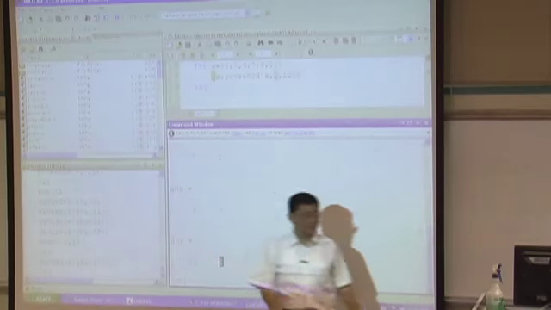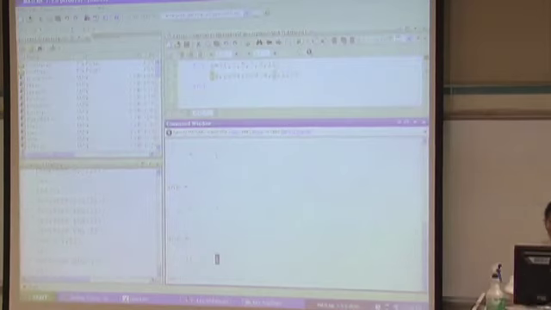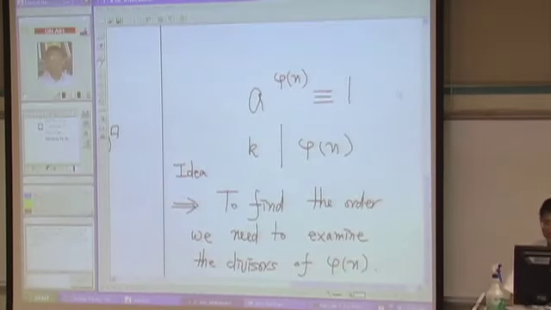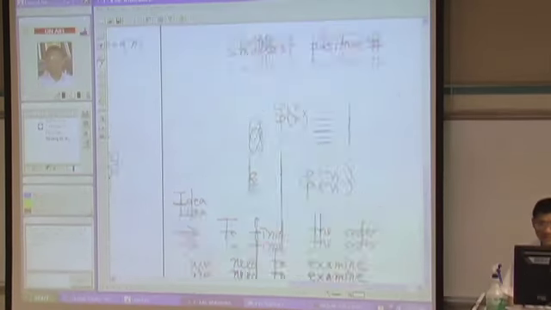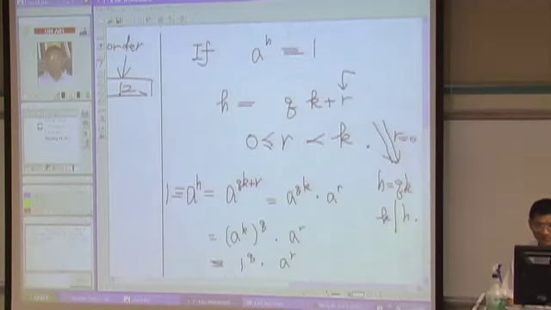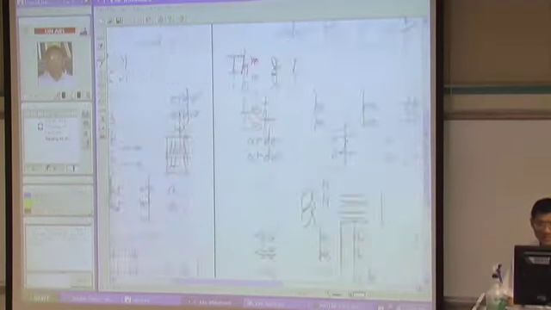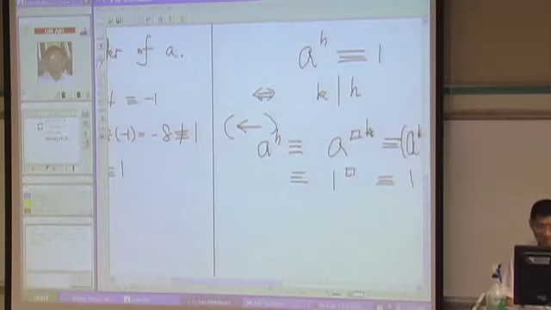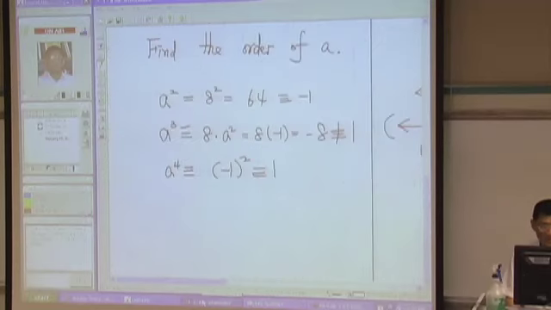So order, what does this say? I will use some space to write the example and then finish. So the example part is good.